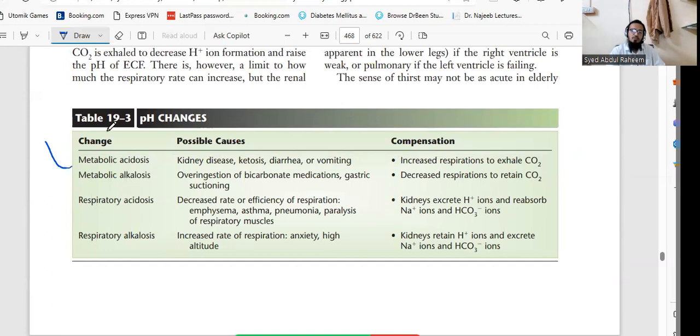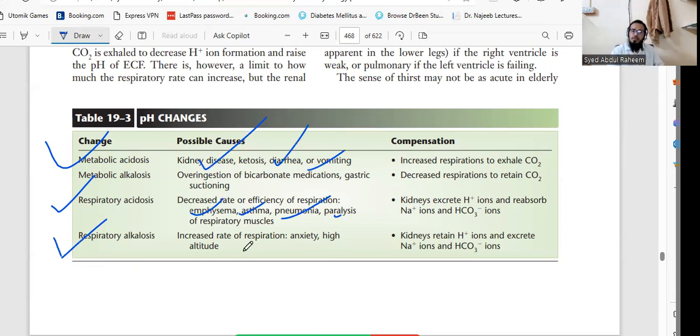Here we have a diagram that explains metabolic acidosis, metabolic alkalosis, respiratory acidosis, and respiratory alkalosis. In metabolic acidosis, we see kidney disease, diarrhea, vomiting, or diabetes mellitus. In alkalosis, overtaking of medications, gastric tablets, etc. Respiratory acidosis is seen in emphysema, asthma, pneumonia, and paralysis of respiratory muscles.